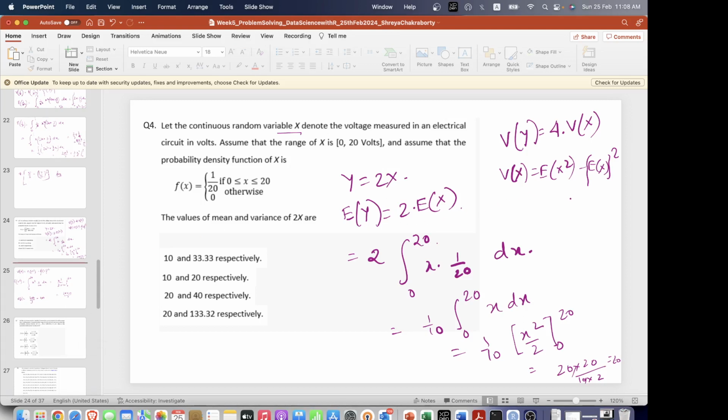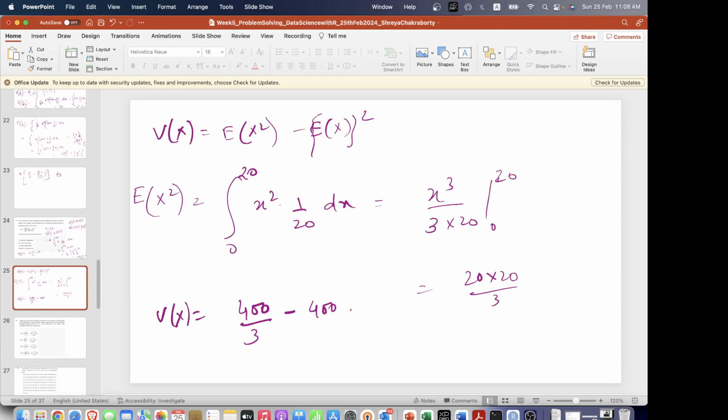Yeah, the mistake was here. It is expectation of x square minus expectation of x whole square, not expectation of 2x. So expectation of x was how much? 10. It would be 10.